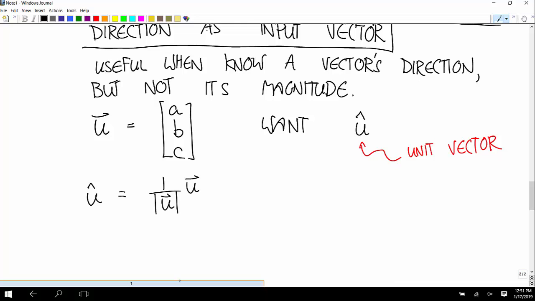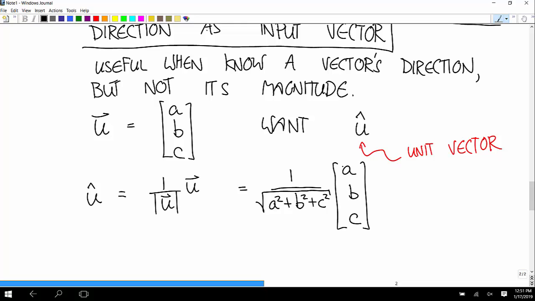And so if we wrote that out in components using a, b, and c, that's 1 over the square root of a squared plus b squared plus c squared times the vector a, b, c. And 1 over this magnitude, that's just a number. And so you'd use the rules for multiplying a vector by a scalar to come up with that unit vector.